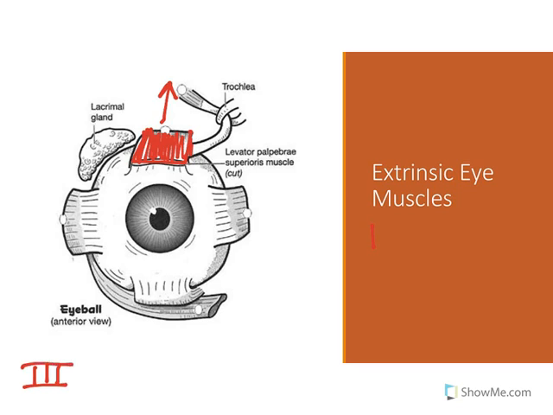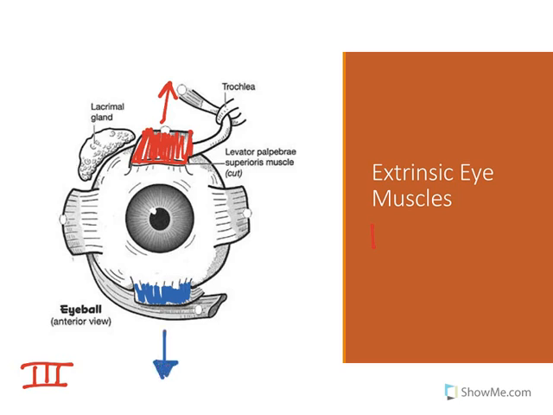Actually, what I'm going to do is do all of them that are innervated by the oculomotor, because 4 of them are. In blue is going to be right here. That will be inferior rectus. That depresses your eye, allows you to look downwards.